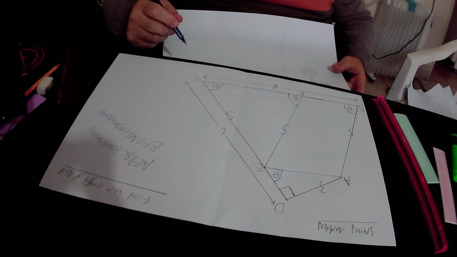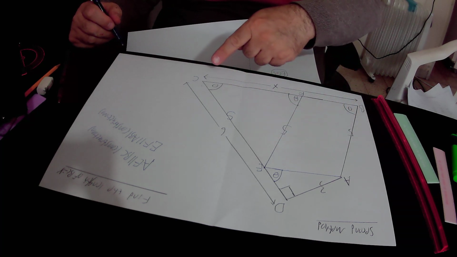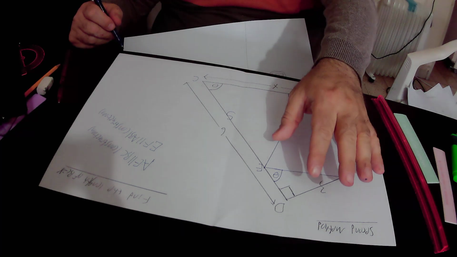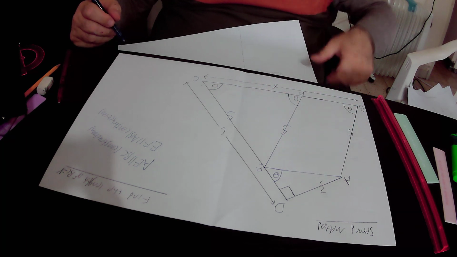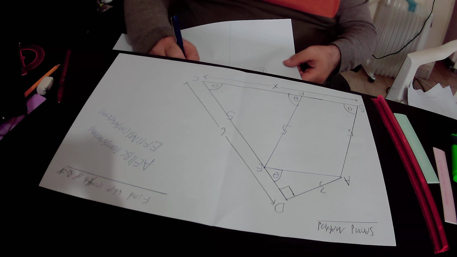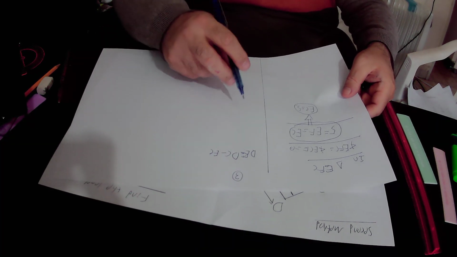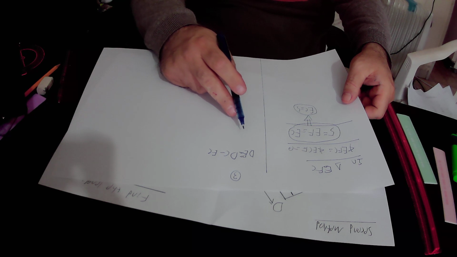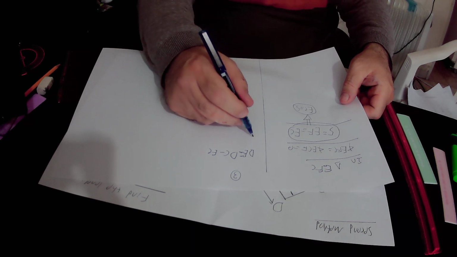Now it is very easy to see from the drawing that DC minus EC equals DE.